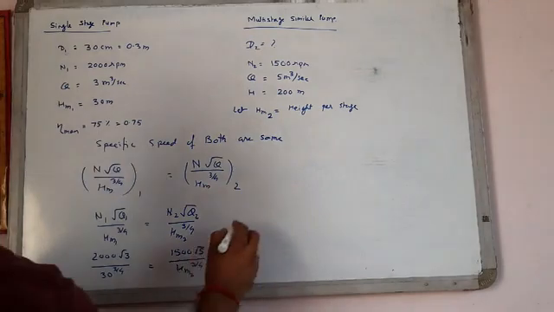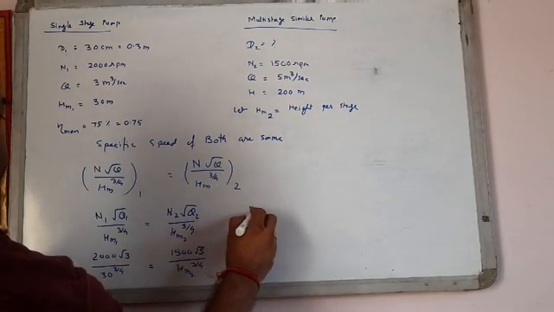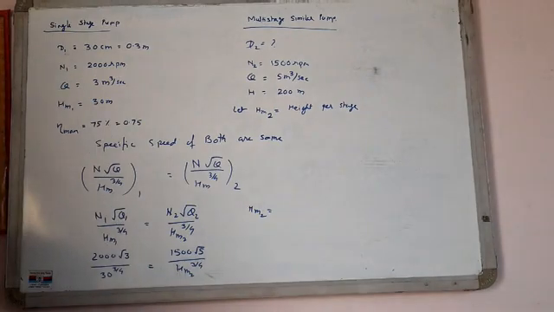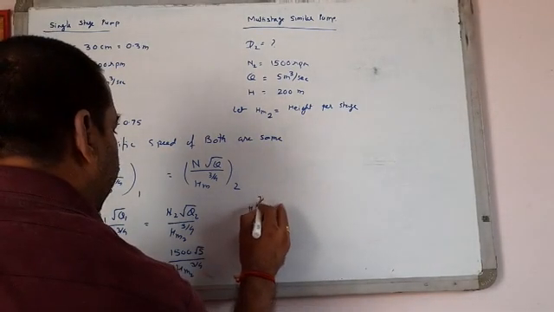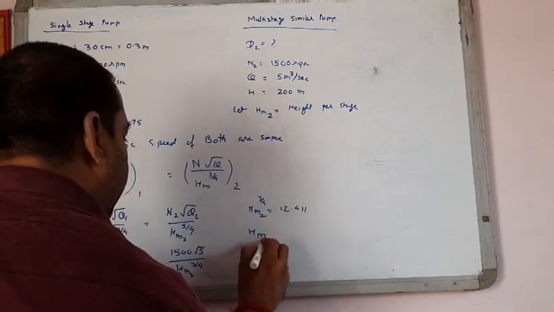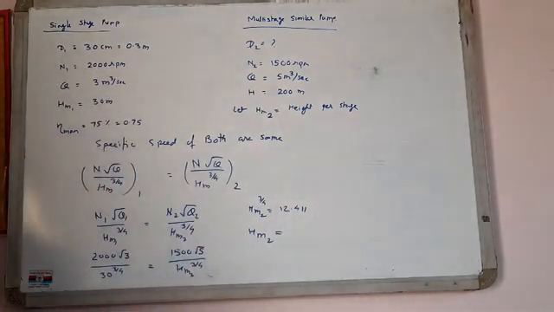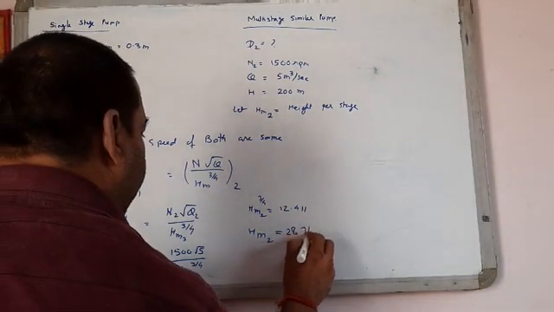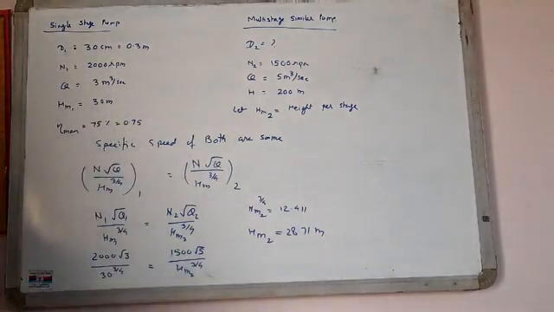From here the value of HM2 to the power 3 by 4 is 12.411. So the value of HM2 comes 28.71 meter.